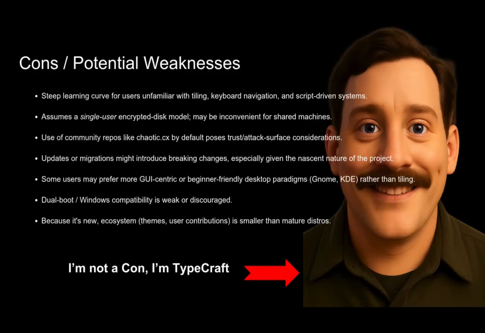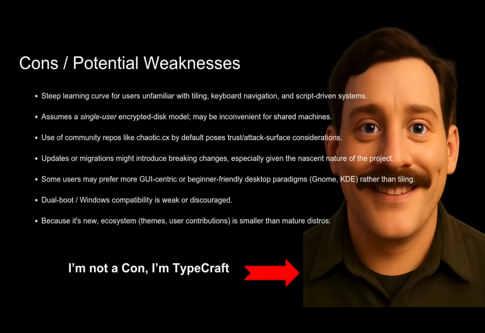The cons: 1. There's a steep learning curve for users unfamiliar with tiling, keyboard navigation, and script-driven systems. 2. It assumes a single-user encrypted disk model, which may be inconvenient for shared machines. 3. The use of community repos like chaotic.cx by default poses trust and attack surface considerations. 4.